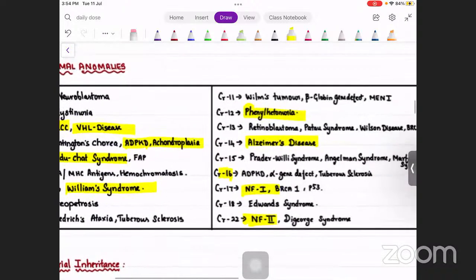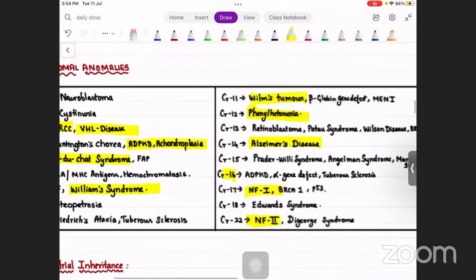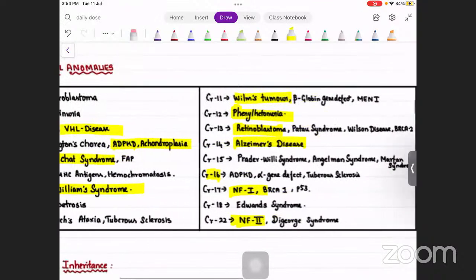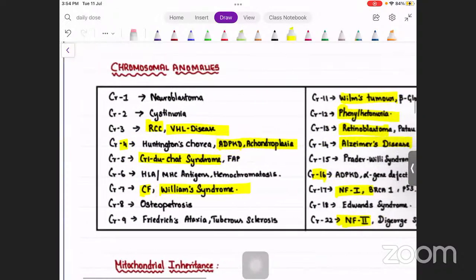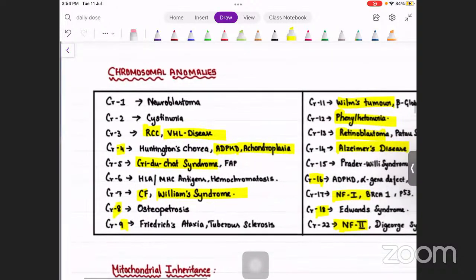Apart from that, you have Wilms tumor on chromosome 11, and the retinoblastoma gene is on 13. Patau is 13, Wilson disease is 13, and Edwards syndrome is 18. Tuberous sclerosis is 9, osteopetrosis is 8, and hemochromatosis is 6.